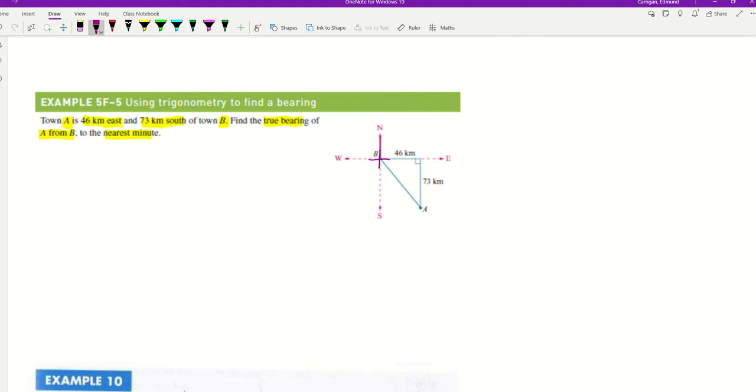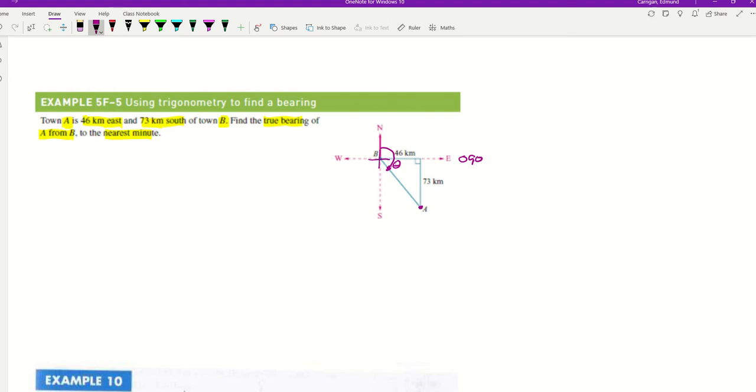We've got our distances, 46 kilometres east and 73 kilometres south. So the angle that we are after goes from here around to here. We're going to have 90 to get us to east, and then we're going to find this angle in here, theta, to add to that to get our true bearing.